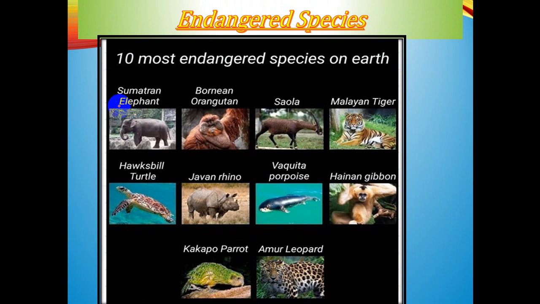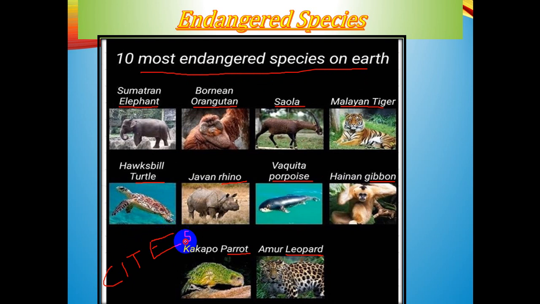You can see the elephant, orangutan, saola, Malayan tiger, turtle, Javan rhino, porpoise, gibbon, kakapo parrot, Amur leopard. These are the top 10 endangered species, and this organization that I just mentioned, CITES, has taken a huge step to conserve these endangered species so that they cannot reach the category of extinct species.